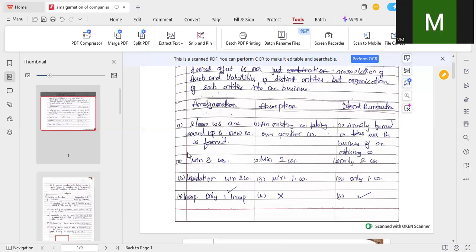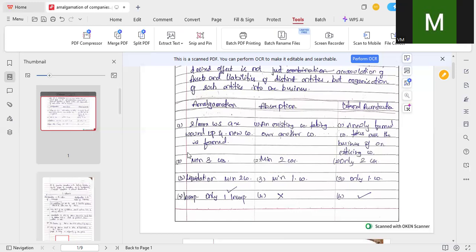Now, the meaning of external reconstruction. External reconstruction is where a newly formed company takes over the business of an existing company. I'll give you an example. Internal reconstruction means, for example, we close the doors of our houses, or we change capital structure, assets, liabilities, and everything. It is the opposite of external reconstruction. In internal reconstruction, internally we change the share capital, capital structure, preferences, debentures, all those things.